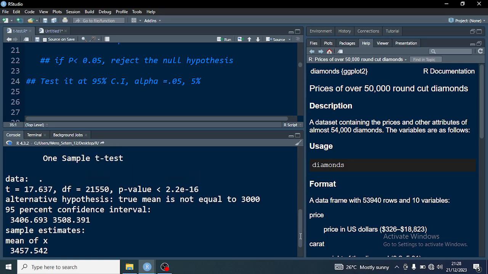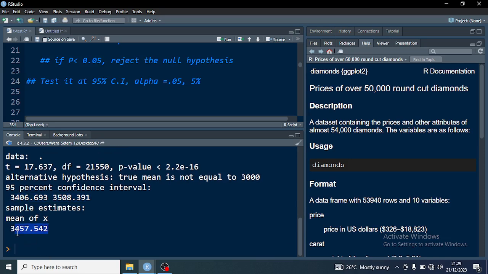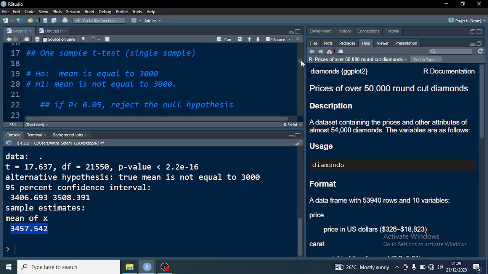Now is the most interesting part. So we look at the p-value, we look at the 95% confidence interval, and we look at the sample mean of x. Now don't forget we are testing this basing on our hypothesis.